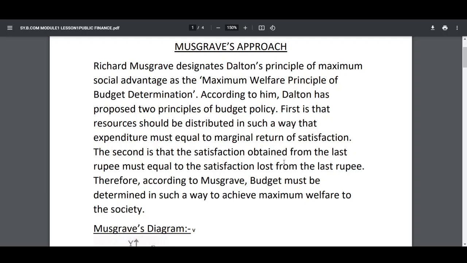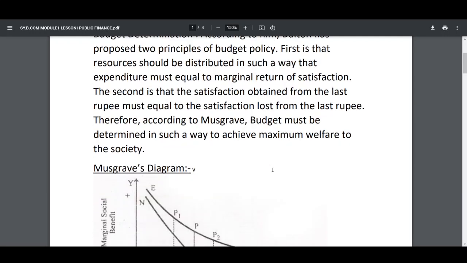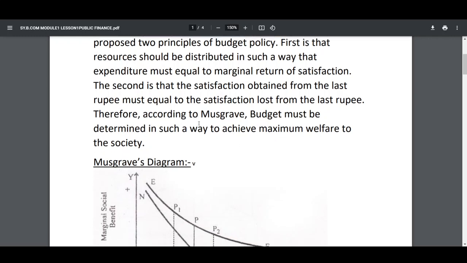Indirectly, the meaning is that the expenditure and the taxation, the benefit and the sacrifice, should be equal. Therefore, according to Musgrave, the budget must be determined in such a way as to achieve maximum welfare for the society.